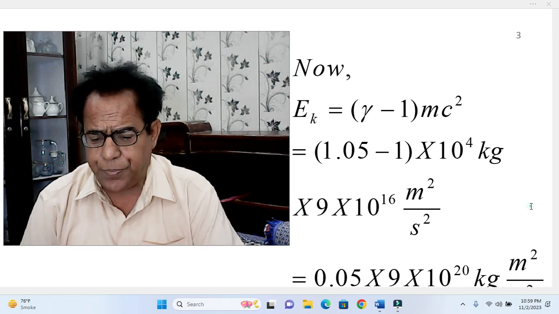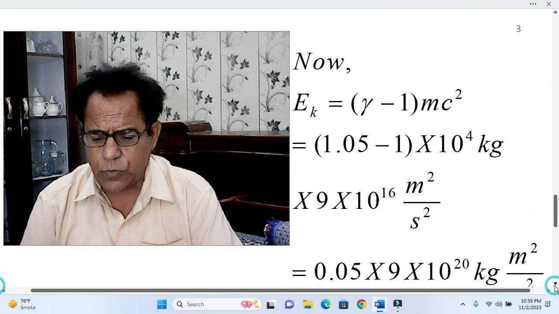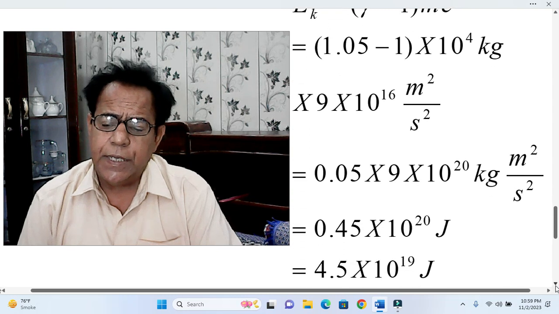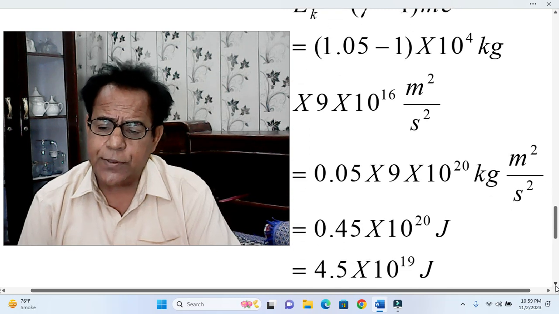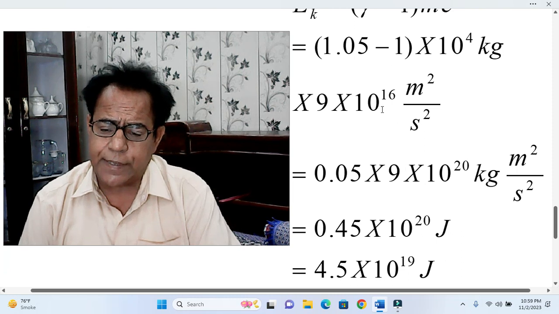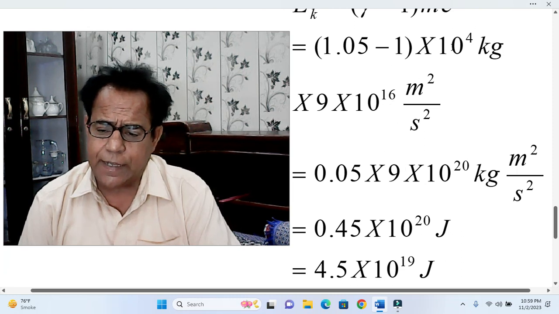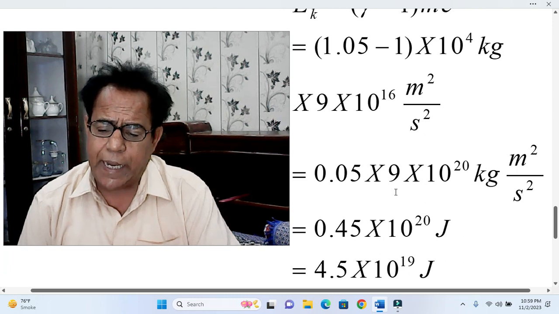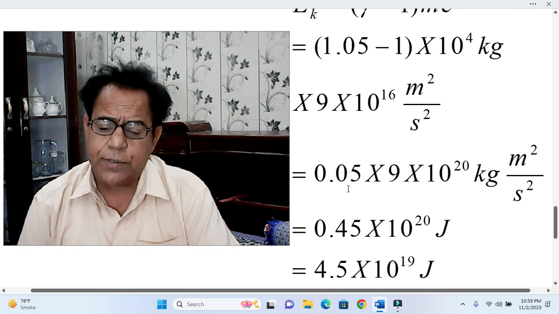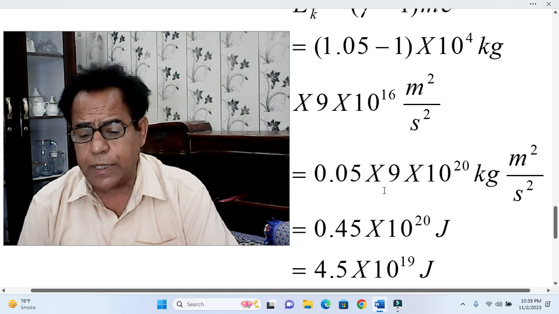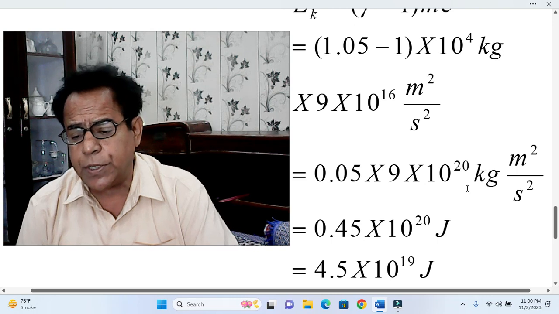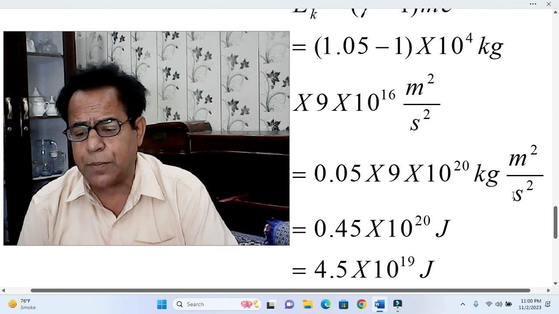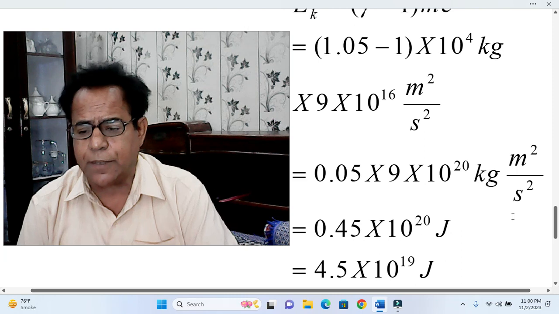So 0.05 into 9 into 10 raised to the power 20, because the powers 16 and 4 add, giving 0.05 into 9 into 10 raised to the power 20 kilogram meter square per second square.